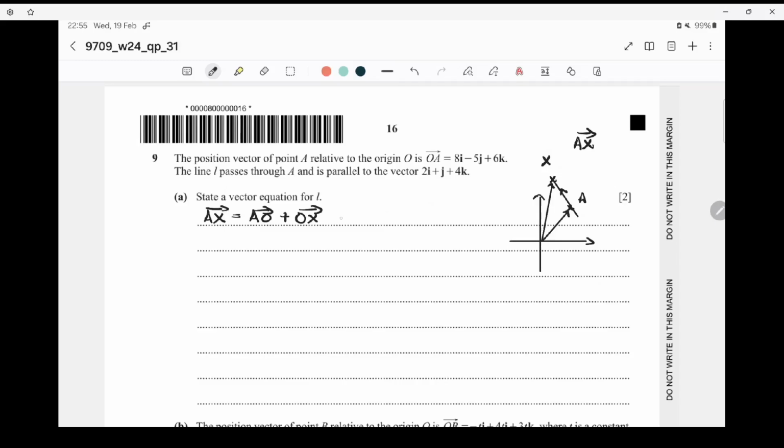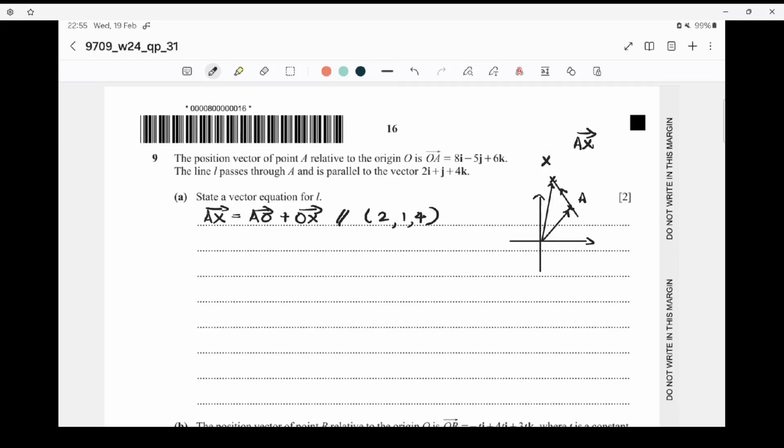And this is parallel to, so I write the vectors in i, j, k form into the equation, the coordinate form. It's easier for me to do calculations.